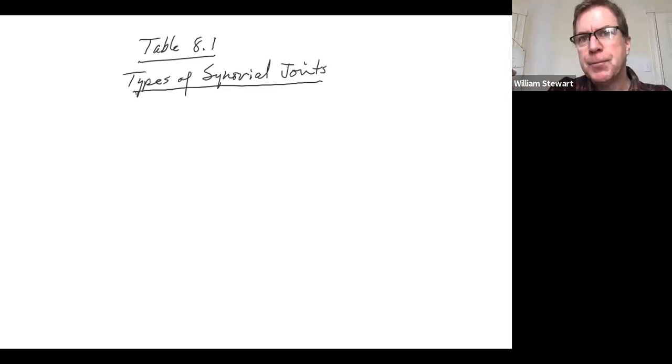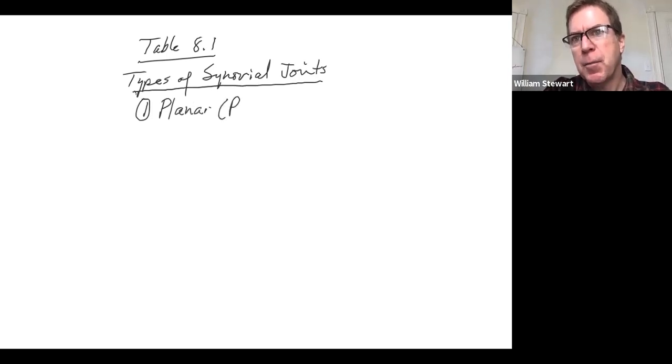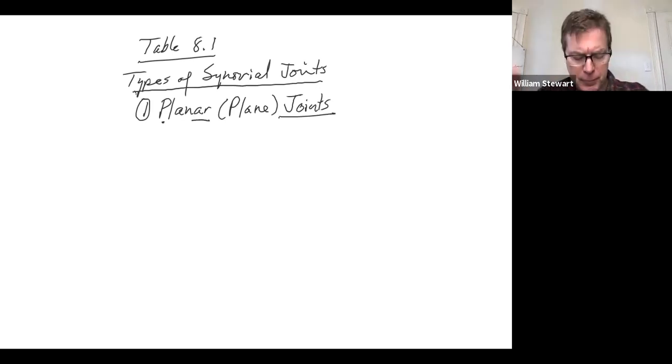Number 1, these are designated planar, or some books just say plane joints. These joints are basically, the type of movement is sliding back and forth.